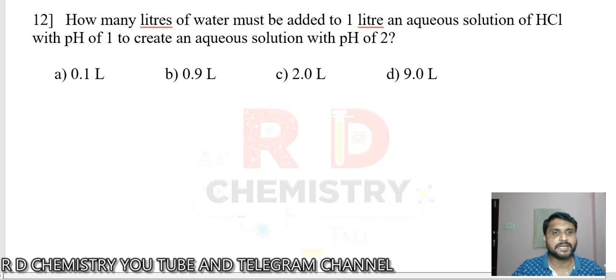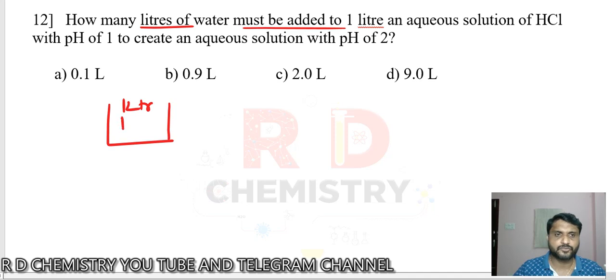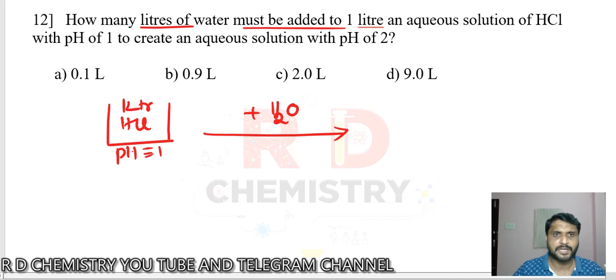Question number 12. How many liters of water must be added to 1 liter of HCl with pH equal to 1, so that the pH becomes equal to 2?